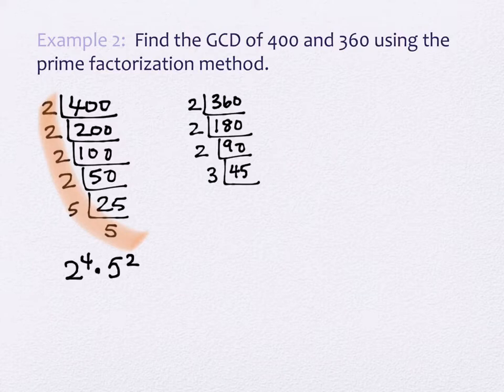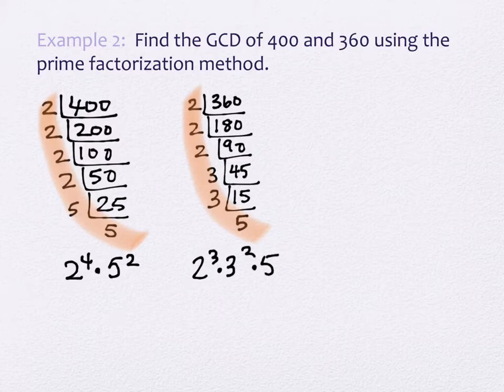It's really tempting to use 5 because it ends in 5, but 3 actually works. 45 divided by 3 is 15, which divides by 3, leaving me with 5. So my prime factorization here gives me 2 cubed times 3 squared times 5.